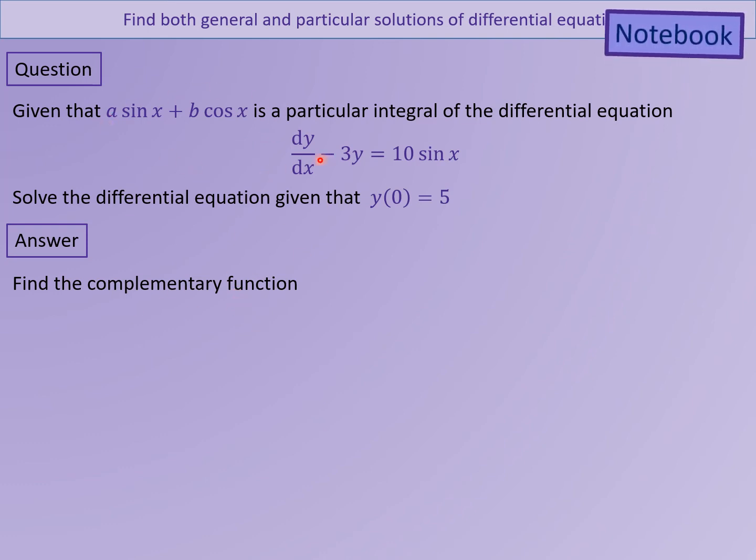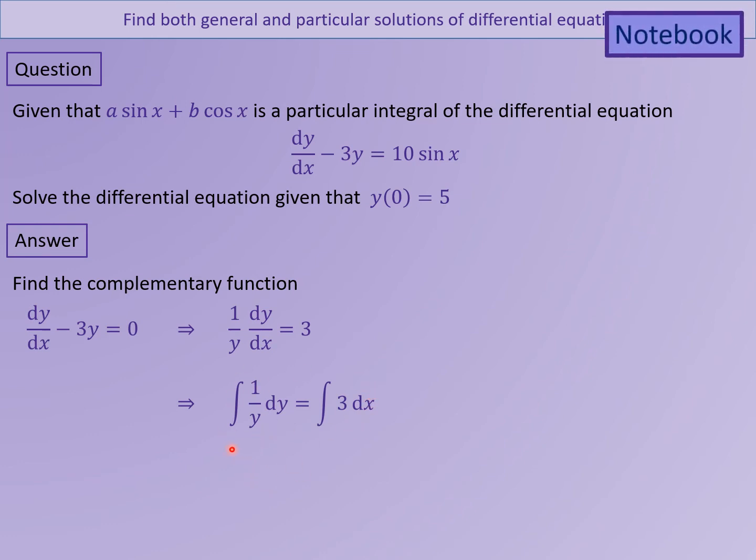Okay, so that means that dy over dx minus 3y is going to equal 0. So I'm looking for when that equals 0. What I can do is take that to that side, divide by the y, and use my standard math skills to separate it out and get a solution. Once I've done that, I can integrate both sides.